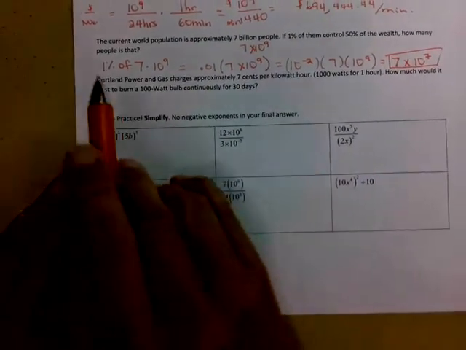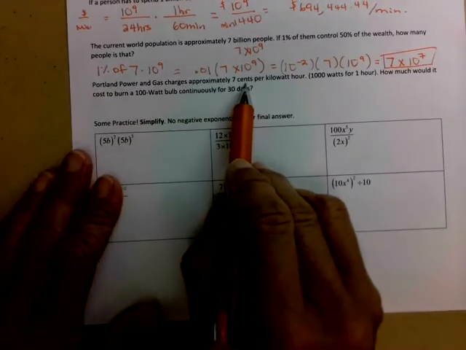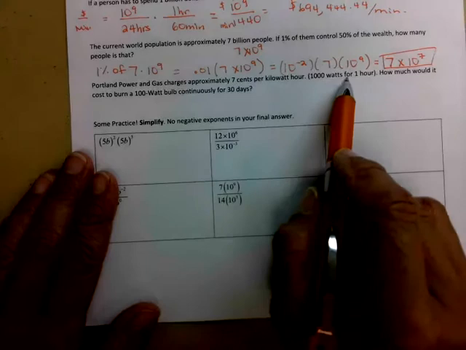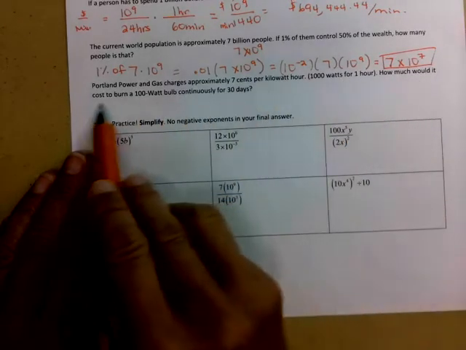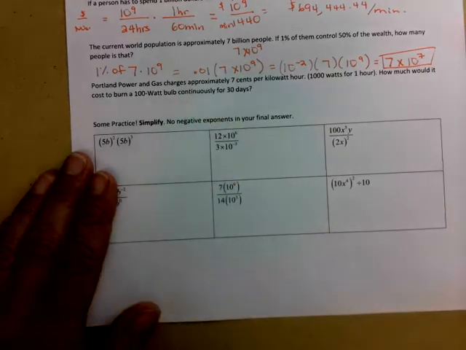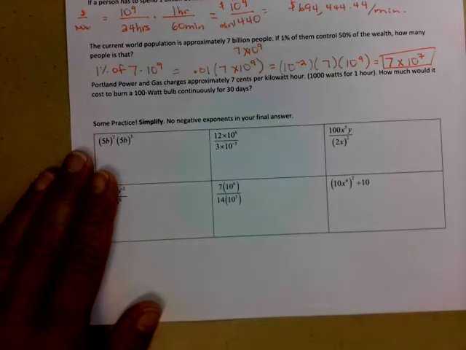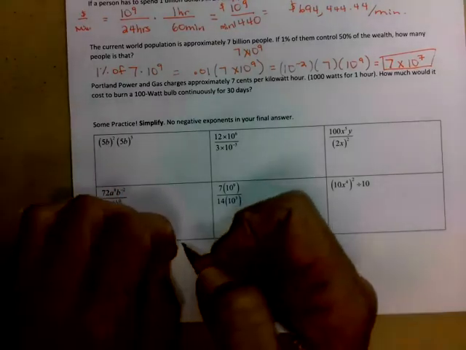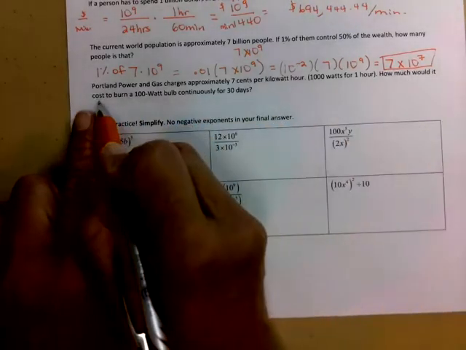Okay, last. Portland Power and Gas charges approximately 7 cents per kilowatt hour. And a kilowatt hour, it's 1,000 watts for 1 hour. How much would it cost to burn a 100-watt bulb continuously for 30 days? Okay, so let's see where we're going to start. We want to know how much it's going to cost.